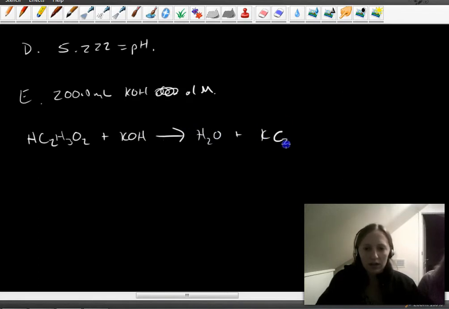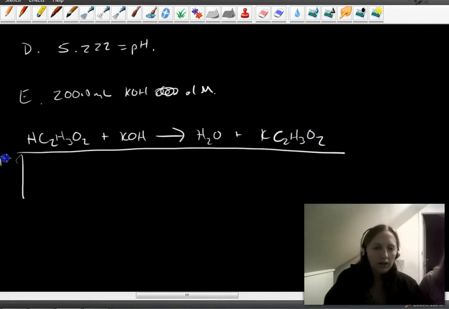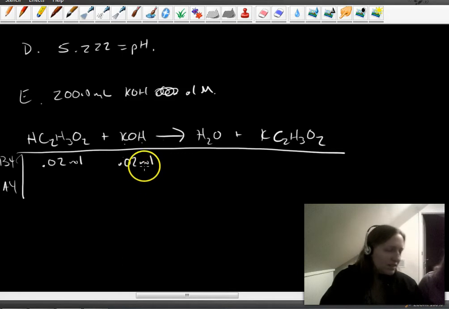It's potassium acetate. This is before and after. And here's your acetic acid, which is still 0.02 moles, and your potassium hydroxide, which in this case is 0.02 moles. Do you see what this is?